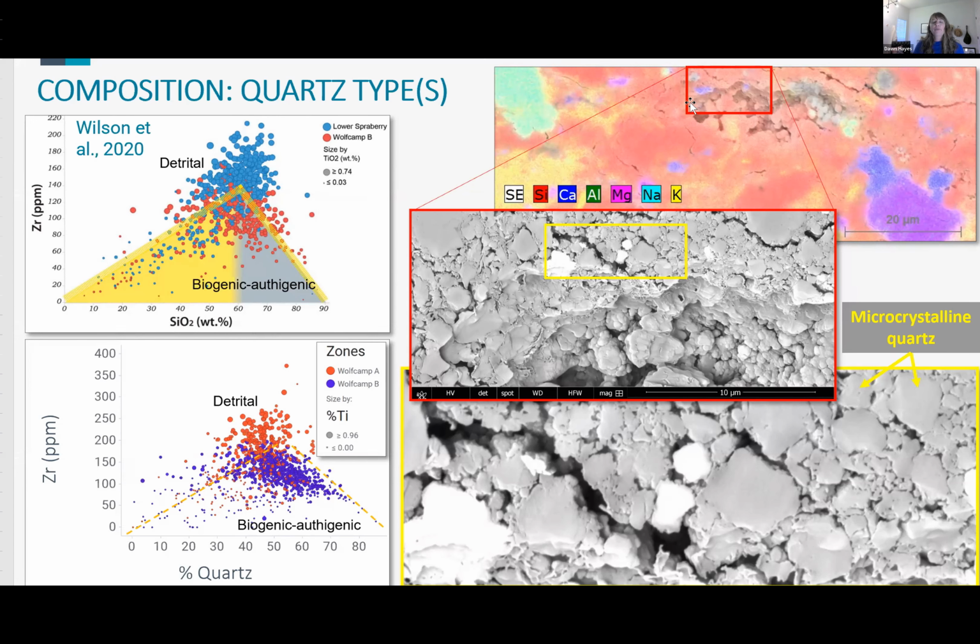Over at the right, we have beautiful SEM images of what these look like at the very fine scale and how they impact the rock properties. Here, all of the red that you see is quartz, and this is really tiny microcrystalline quartz. If we zoom in, you can see all of those individual little blobs of quartz or crystals. If we zoom in even more, you can see the quartz crystals up close and that there is a lot of interconnected porosity between them.